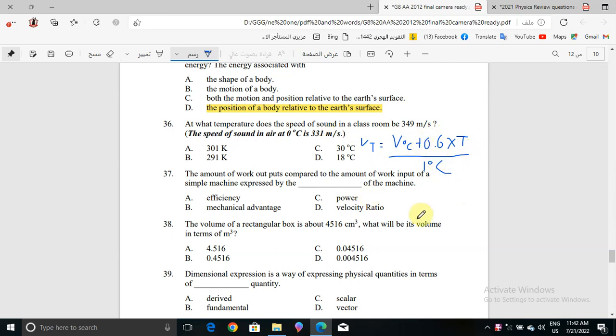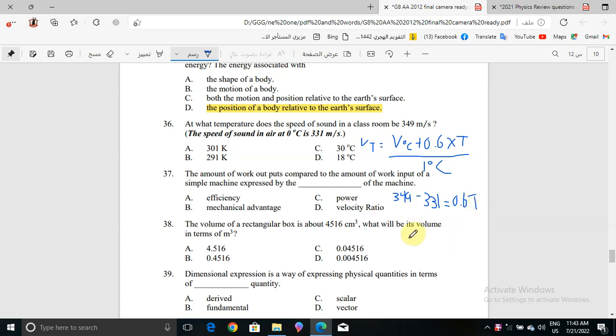So when we do it together, 349 meter per second minus 331 meter per second is equal to 0.6 times the temperature.